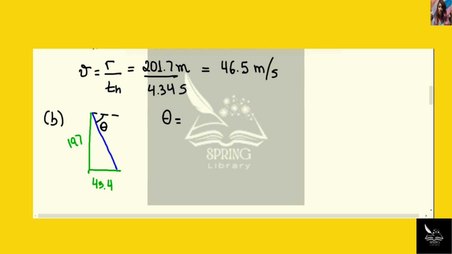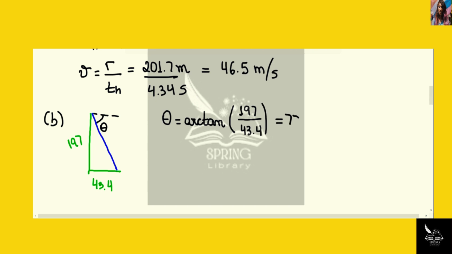Theta is the arc tangent of 197 divided by 43.4, and this is equal to 77.6 degrees. So this is the answer to question B.